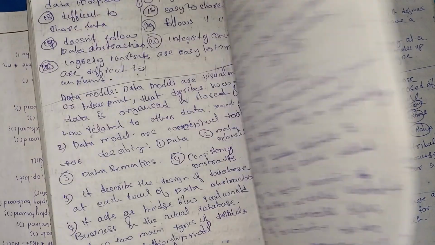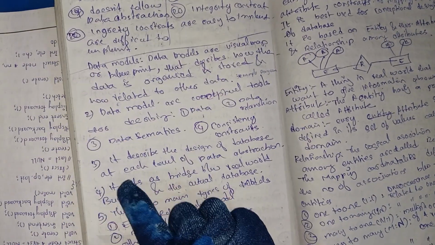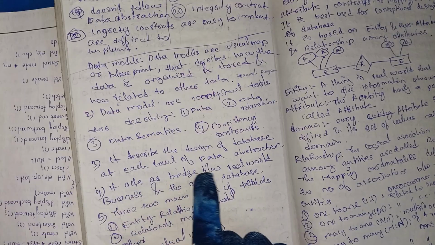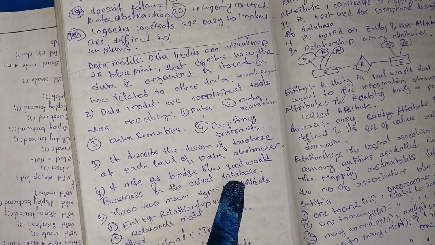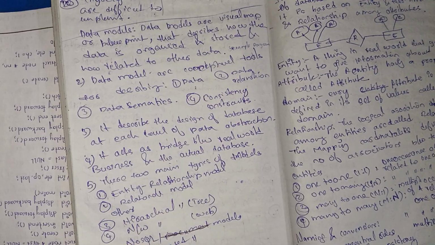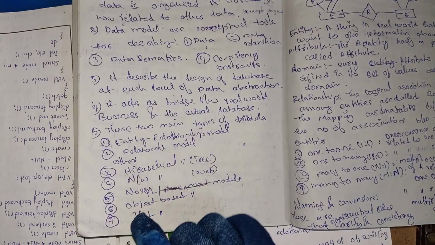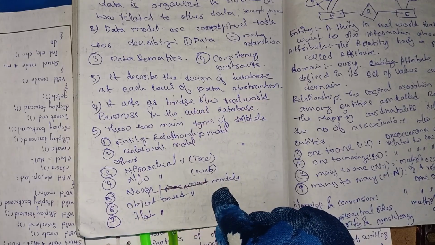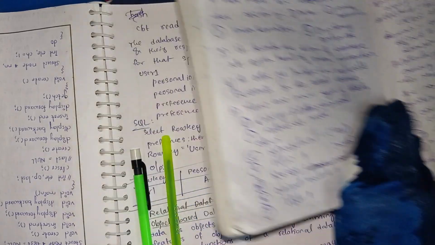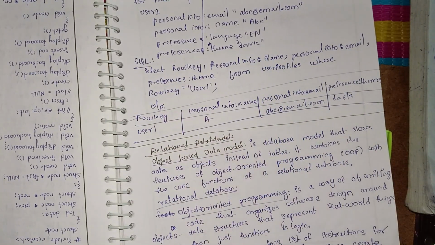And it acts as a bridge between the real-world business and the actual database. And so now we are discussing the object based data model. So here it is.